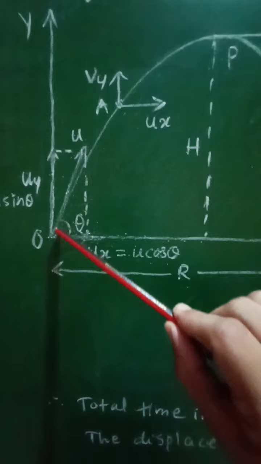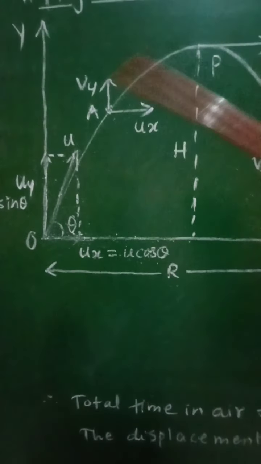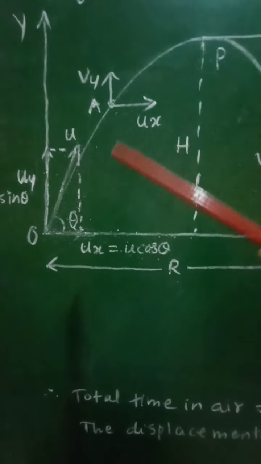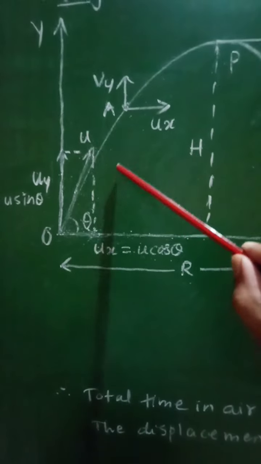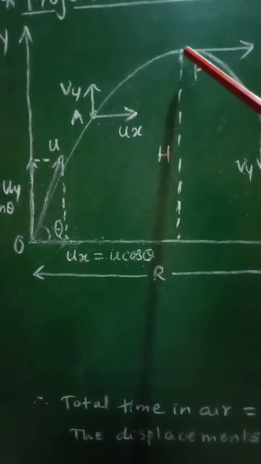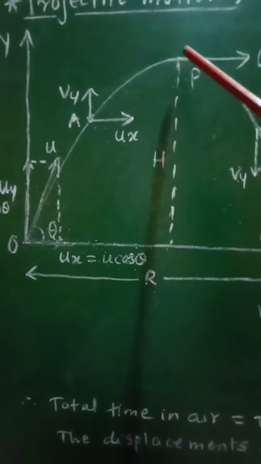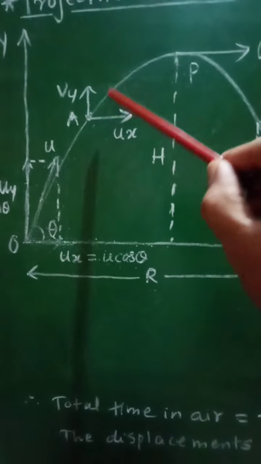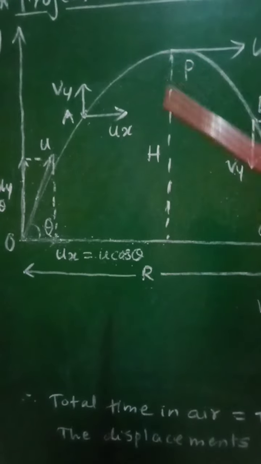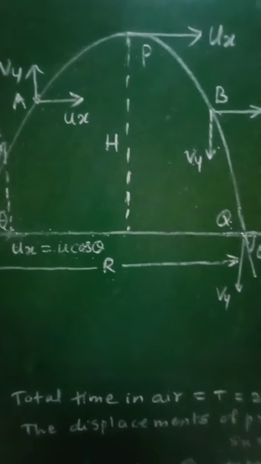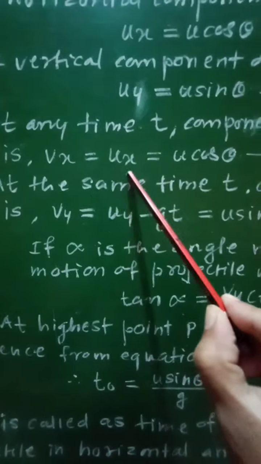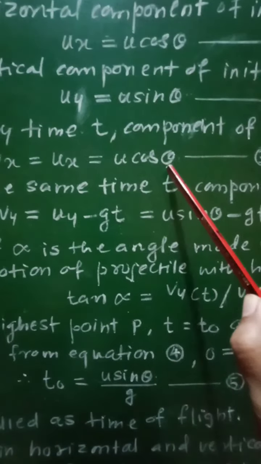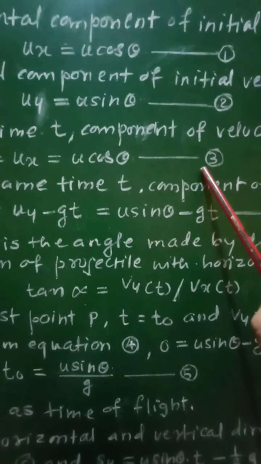Therefore, as the projectile moves up from point O to point P, its vertical velocity component will go on decreasing, and exactly at the maximum height, that is point P, that vertical component will become equal to 0 due to the acceleration due to gravity. And therefore here we can write the horizontal component vx equal to ux, that is equal to u cos theta, equation number 3.